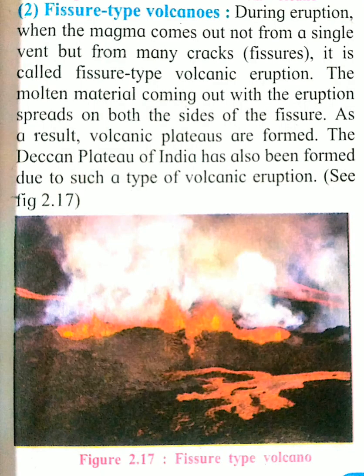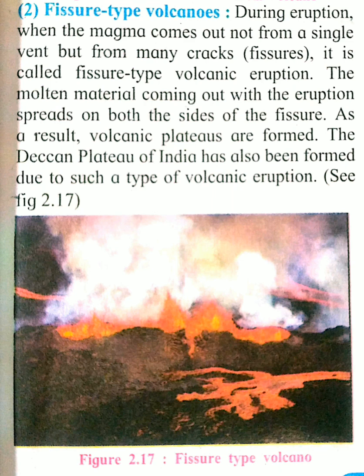The second type is fissure type volcanoes. Fissure means cracks. During eruption, when the magma comes out not from a single vent but from many cracks or fissures, it is called fissure type of volcanic eruption. You must have noticed during the summer season, the ground gets cracked.